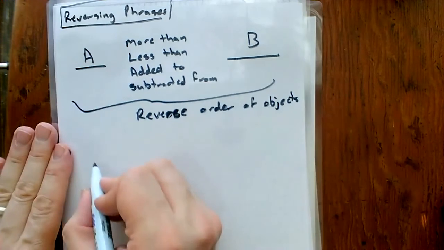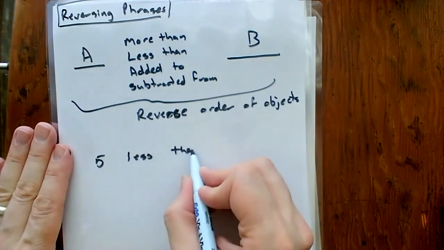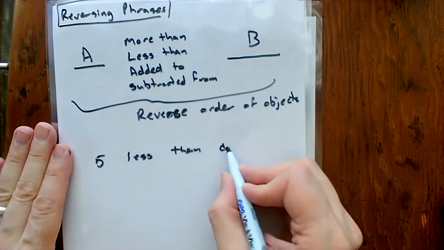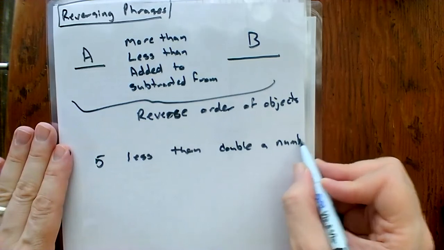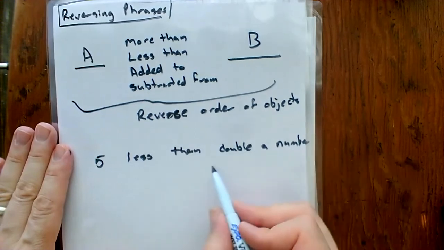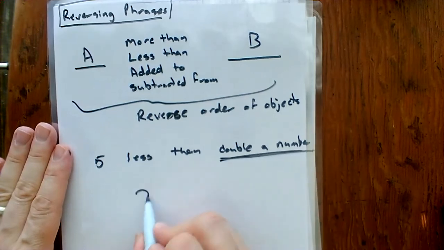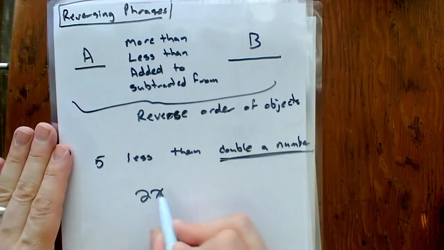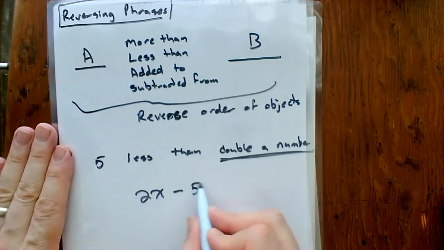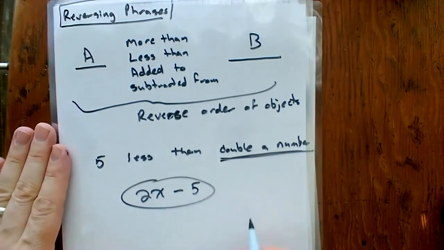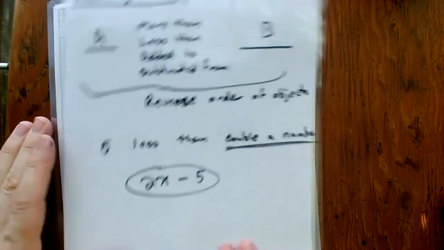So if I were to say 5 less than double a number, I'm going to start with double a number. That's going to be 2x. Less than says I'm subtracting. And what am I subtracting from it? 5. Just like that. 5 less than says it's going to be minus 5, whatever I'm doing.